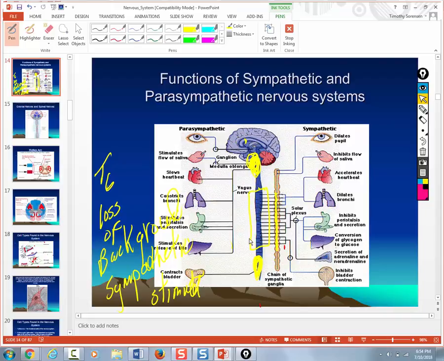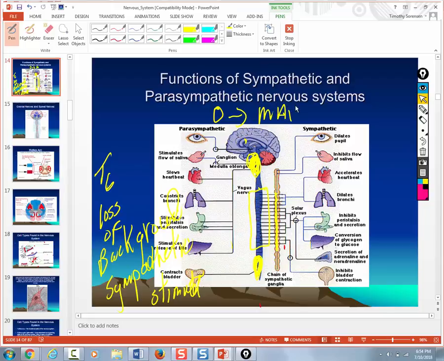So, the sympathetic nervous system innervates arteries. What do they do to arteries under sympathetic stimulation? It causes them to constrict. So if you have a spinal cord injury above T6, then you will lose background sympathetic tone.